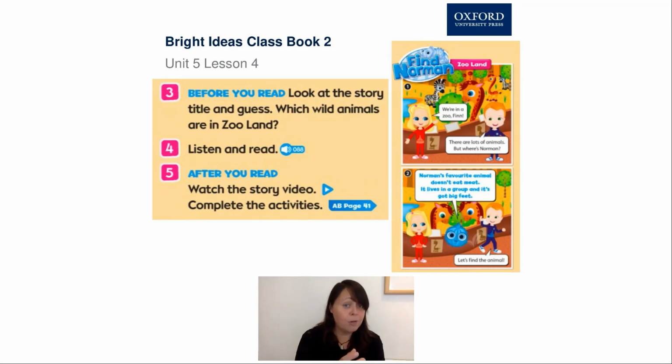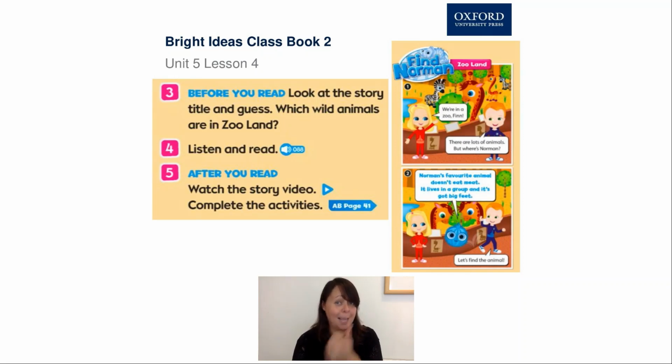We have the pre-reading tasks. They can follow along with the pictures. This is an example of a story from Bright Ideas. And then they have a post-reading task. And there's no reason that the post-reading task couldn't be students acting out the story again in L1.